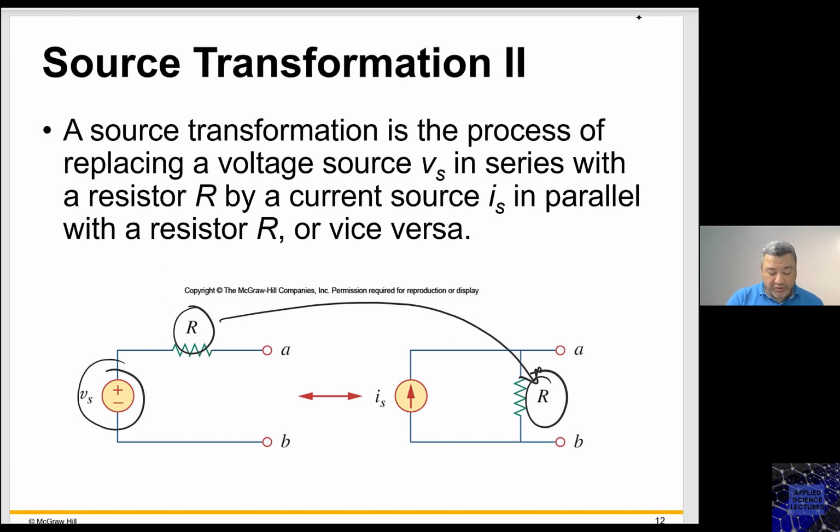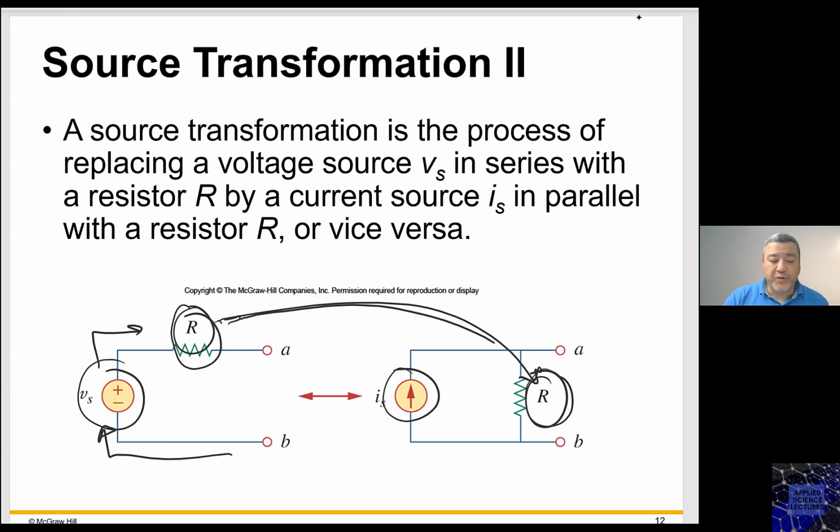Once you have a current source that has a resistor connected to it in parallel, this shape can be transformed into a voltage source that has the same resistor but now connected in series, such that the arrow of the current source is going from the positive toward the negative. Notice this arrow maintains the same direction. And the same thing for transforming a current source to a voltage source.